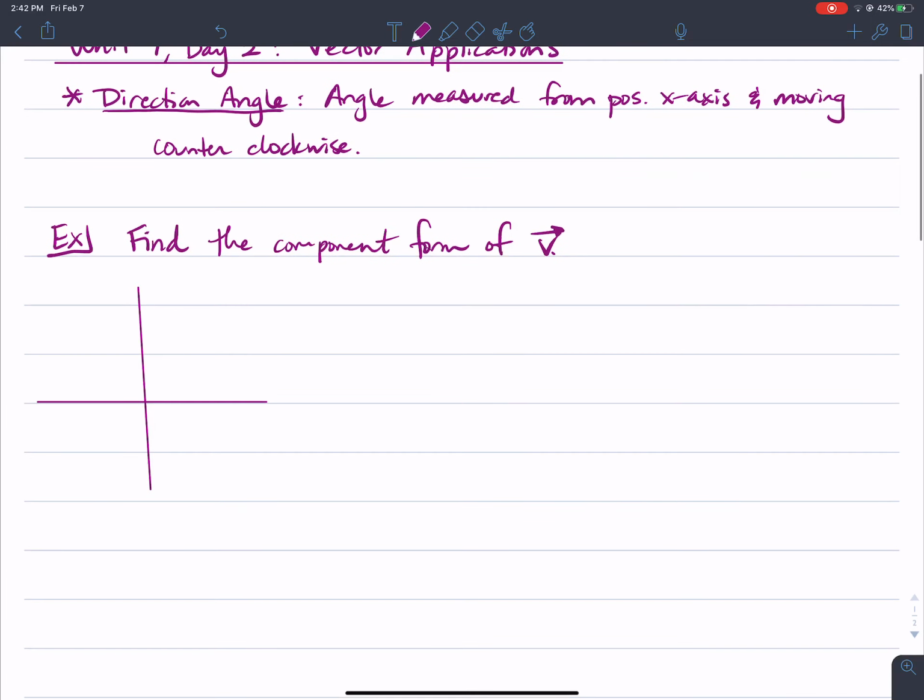Okay, so let's say you're given this picture and your angle is 19 degrees and your magnitude is listed as 17.